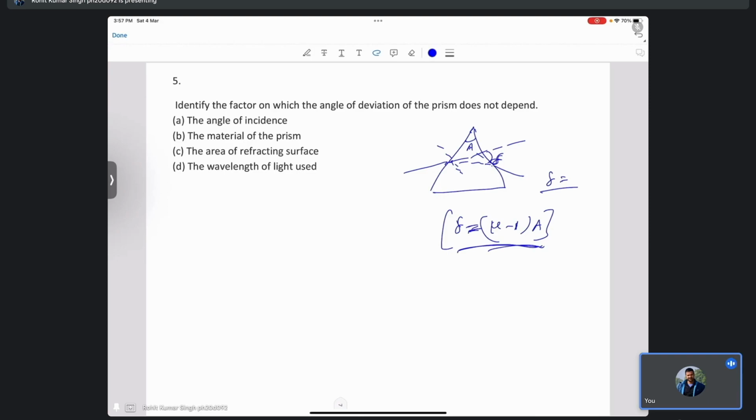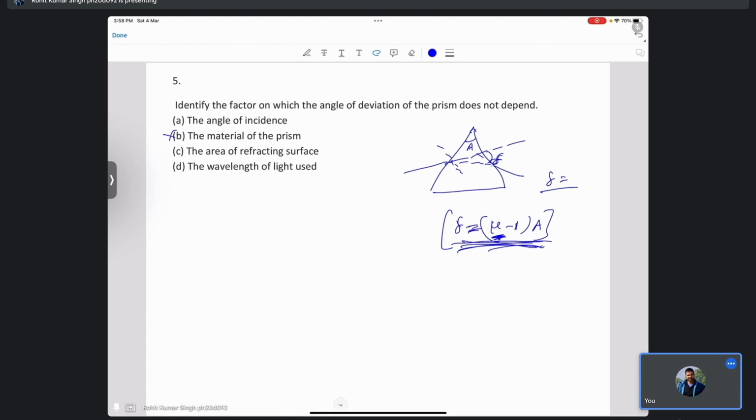Okay, then we have the material of the prism. Yeah, material obviously, because the refractive index is different for different types of material. So obviously B is not true. Then the area of refracting surface. Here also we don't have the area of refracting surface in this formula.